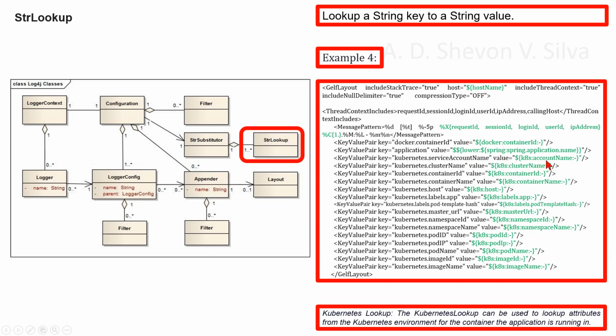Here: account name, the service account name; cluster name, the name of the cluster the application is deployed in; container ID, the full ID assigned to the container; container name, the name assigned to the container; host, the name assigned to the host operating system; labels, all labels formatted in a list; master URL, the URL used to access the API server.